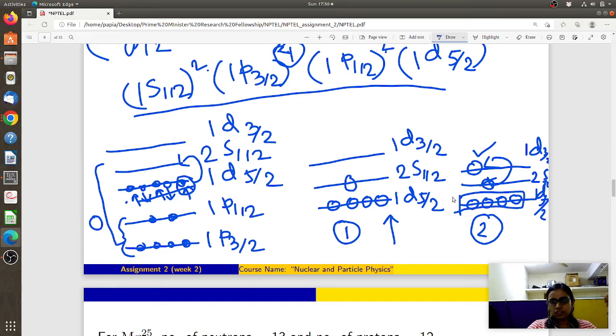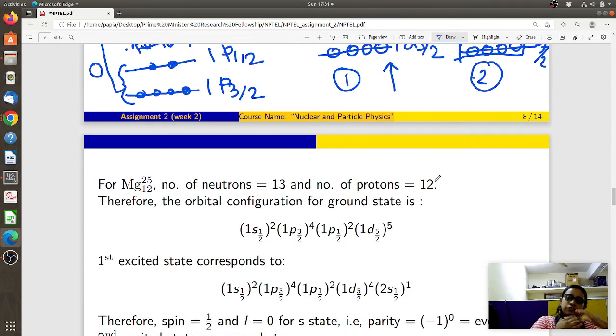So I think you all understand what the first as well as the second excited state configuration will be according to the shell model. Now coming to the expression, this is the main thing in that question: what will be the first excited configuration and what will be the second excited configuration.